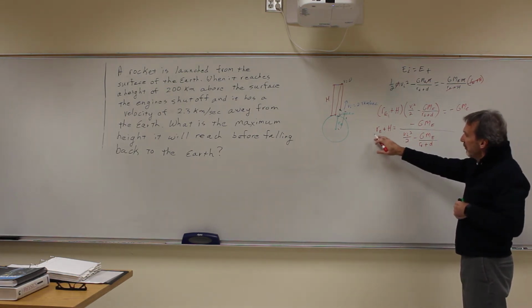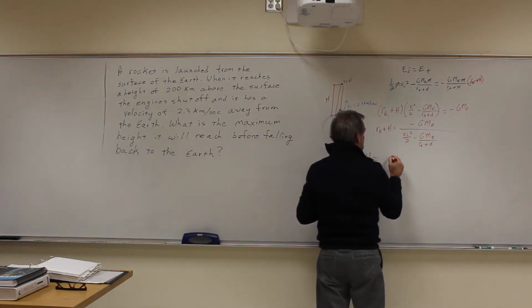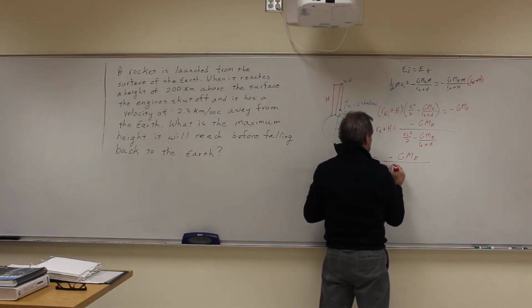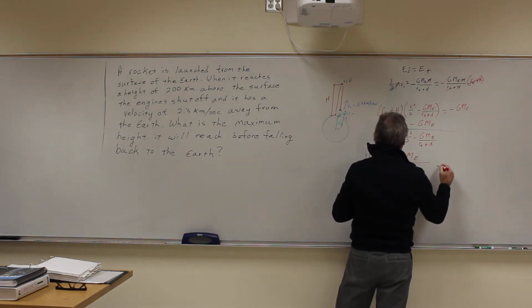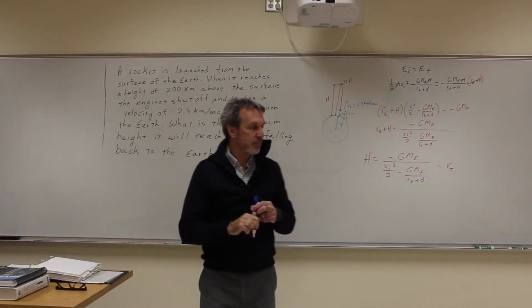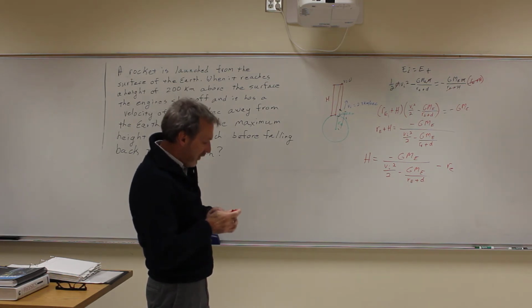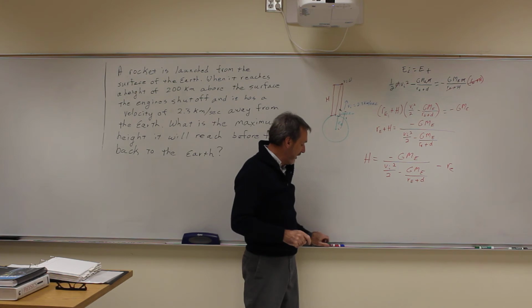We want to solve for h, so now we just subtract R_e, and so we can say that h is equal to minus G M_e over v initial squared over 2 minus G M_e over the radius of the Earth plus d, all that minus R_e, the radius of the Earth. There, now we got it in terms of h. You could do some simplifying, get rid of the complex fraction, but in this case they want a number.